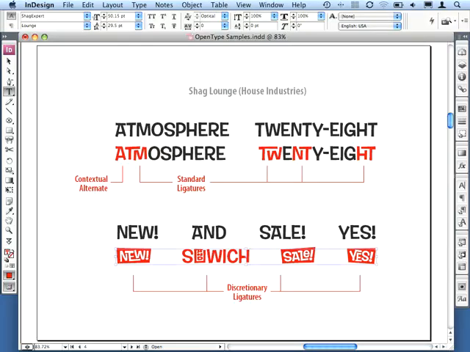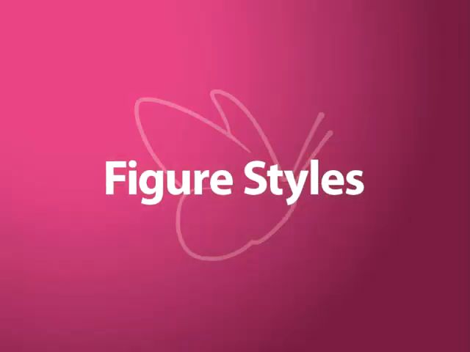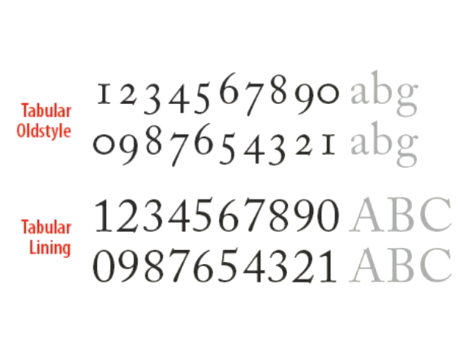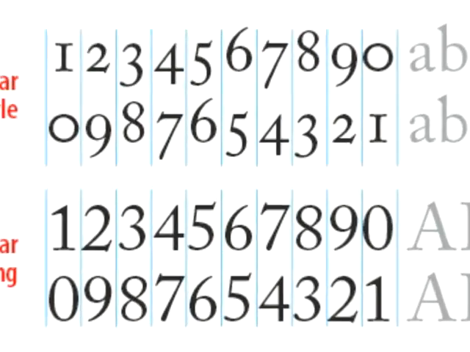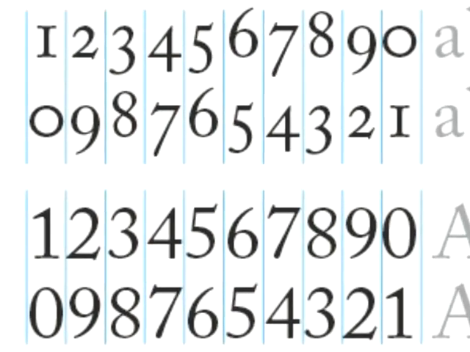Now let's take a look at figure styles, starting with tabular old style and tabular lining. First, let's explain the tabular part. Tabular figures each occupy the same amount of horizontal space, so that when they're stacked up in a column, they'll all line up. If you notice here, the 1s are the same width as the 0s, the 2s are the same width as the 9s, and so on down the line in any combination.